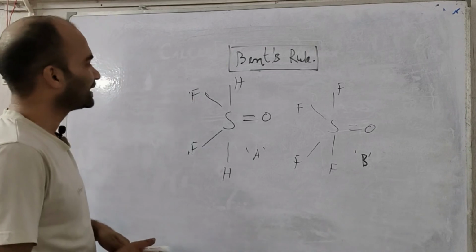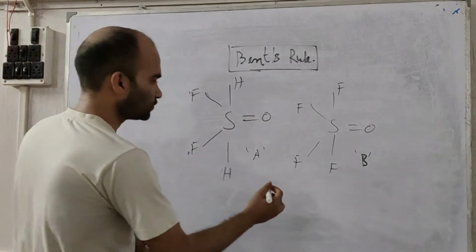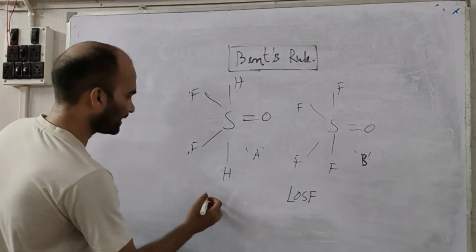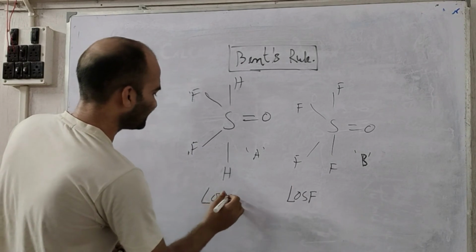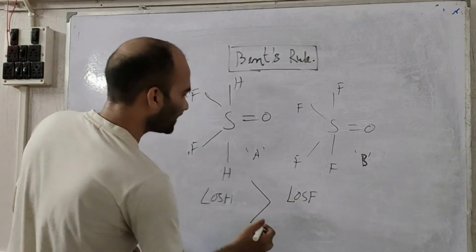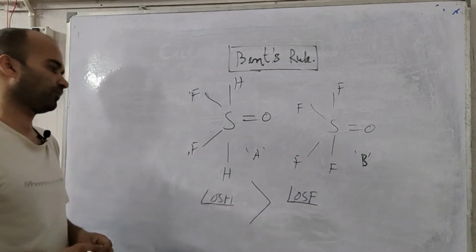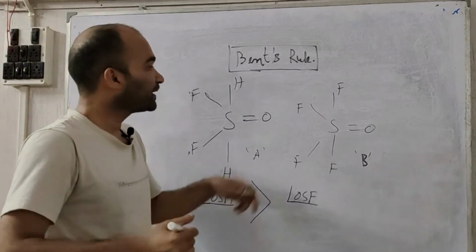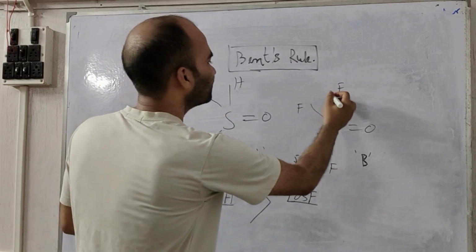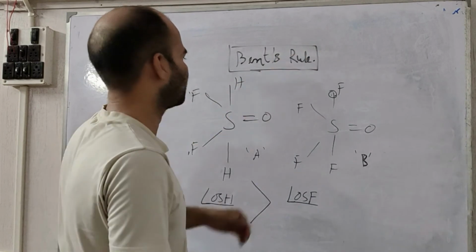Here we see the angle OSF and the angle OSH. This angle is much higher than angle OSF. Why? Because fluorine is more electronegative, so the electrons will be nearer to the fluorine atom.